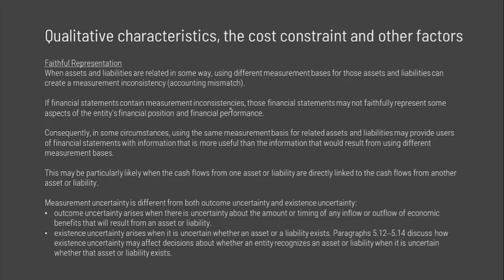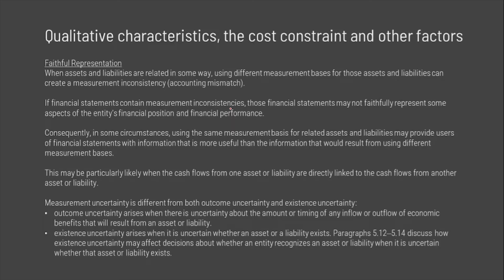A high level of measurement uncertainty does not necessarily prevent the use of a measurement basis that provides relevant information. Thus, in cases where the measurement uncertainty associated with a particular measurement basis is so high that it cannot provide sufficiently faithfully represented information, it is appropriate to consider selecting a different measurement basis that would also result in relevant information.